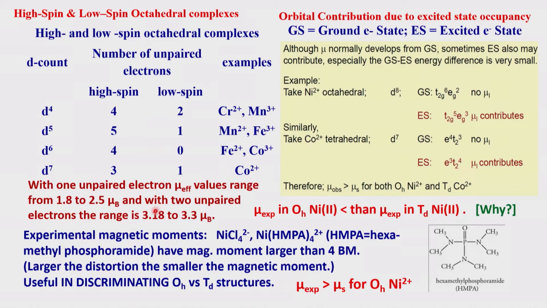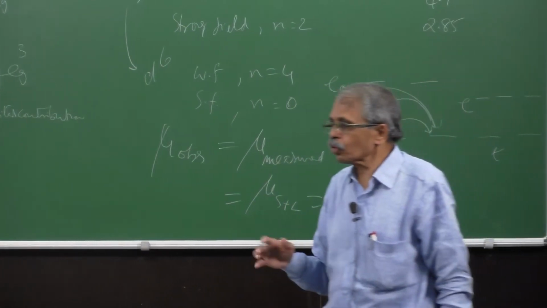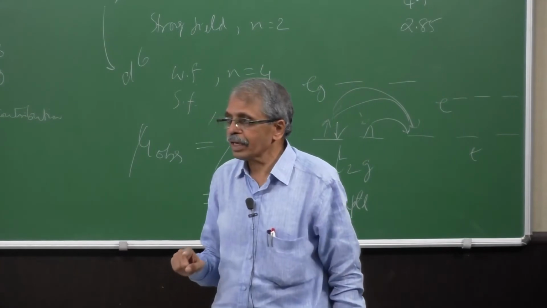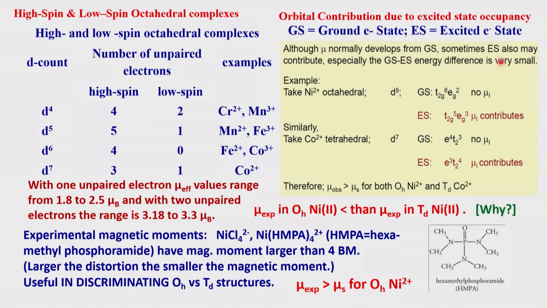And with 2 electrons, it is supposed to show 2.85. And there are a large number of compounds which show 3.2 to 3.3 or 3.4. All of these are coming because of the orbital contribution. That could be either directly allowed at the ground state, or some of them are allowed through the excited state. Whatever I explained to you just a while ago on the board is shown over here.